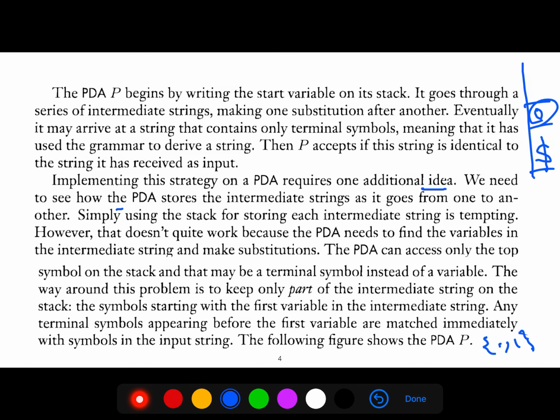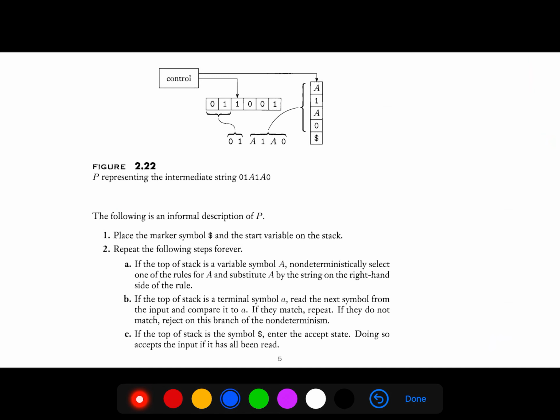We need to see how the push-down automaton stores the intermediate strings as it goes from one to another. So let me tell you an example. My input tape is different. I want to see if this machine accepts my input string or not.